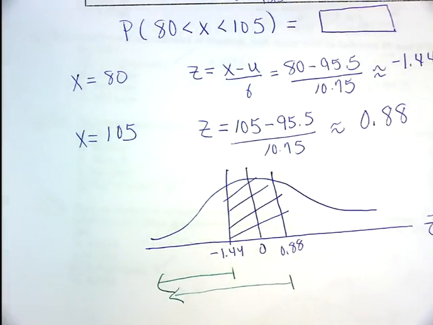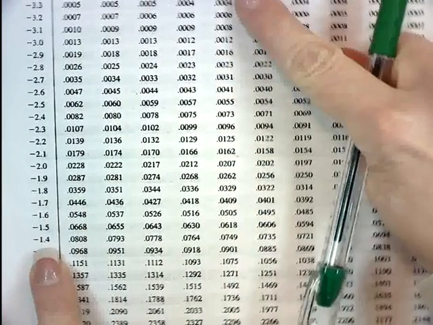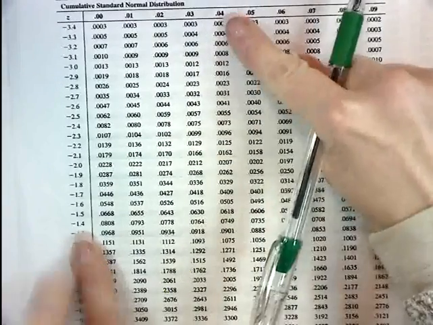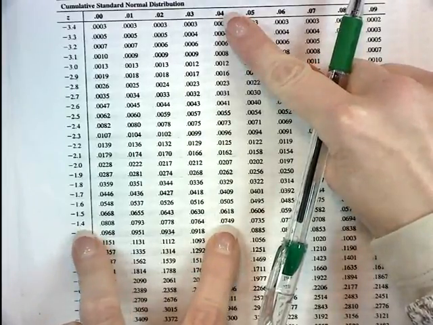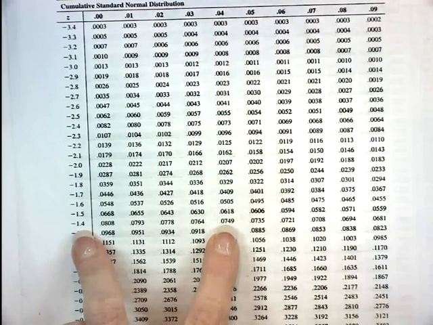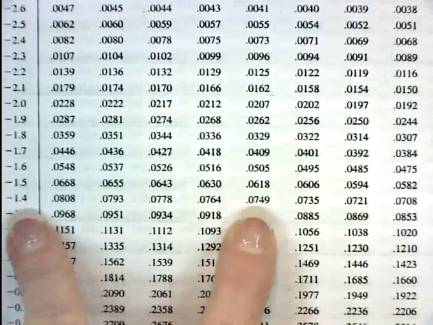So negative 1.44: there's a negative 1.4, and then a negative 0.04 up at the top. Your 2 fingers meet at 0.0749. And I'll write that in the picture.